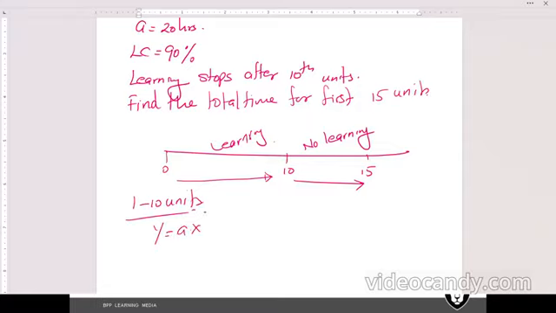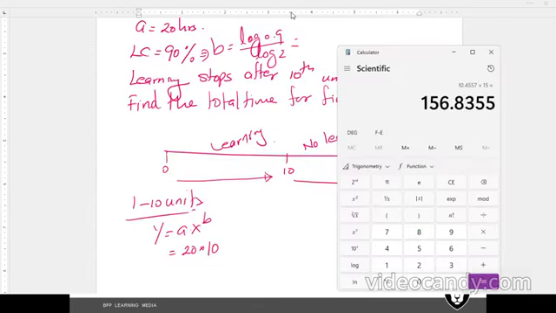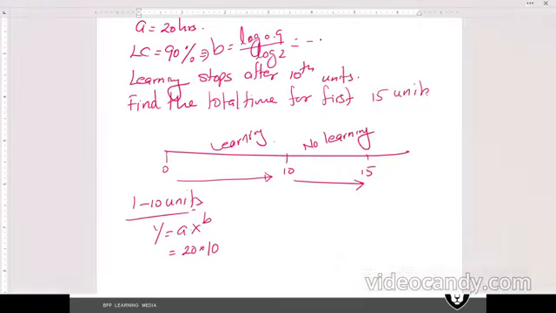Y equals AX^b, first unit 20, and you are applying for 10 units. From this I can find b: log of 0.9 divided by log of 2, which is minus 0.152.